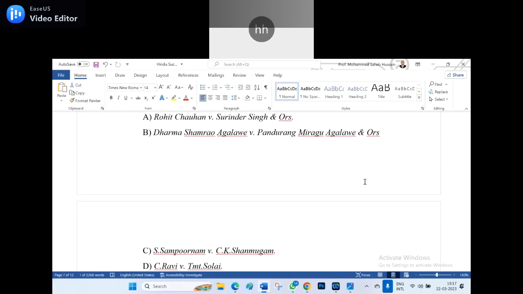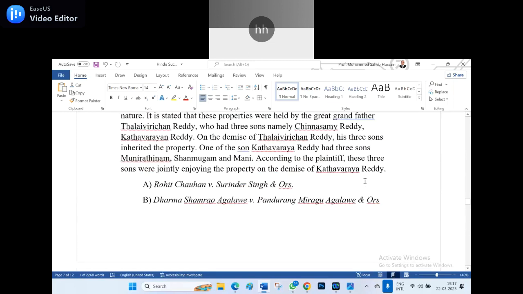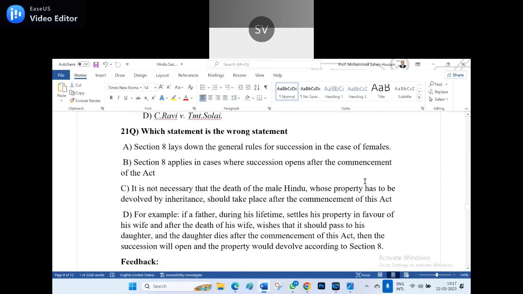D, sir. Yes, Sampurnam versus C.K. Shanmugam. The answer is C. S. Sampurnam versus C.K. Shanmugam. That is the right answer for the 20th question.